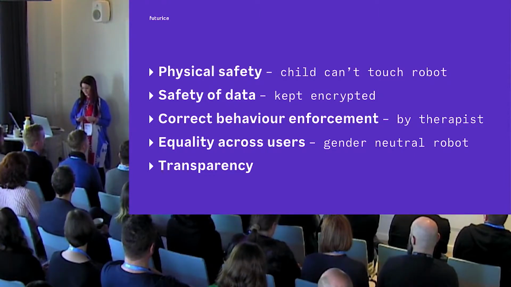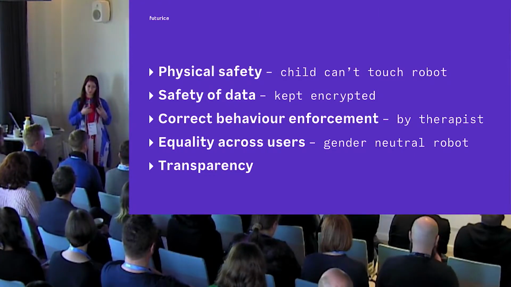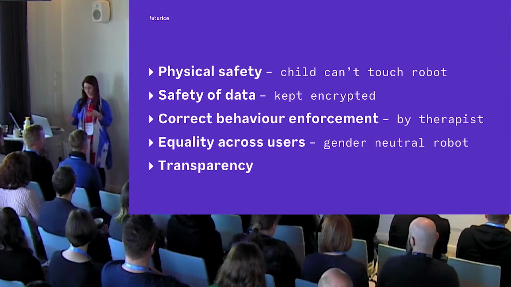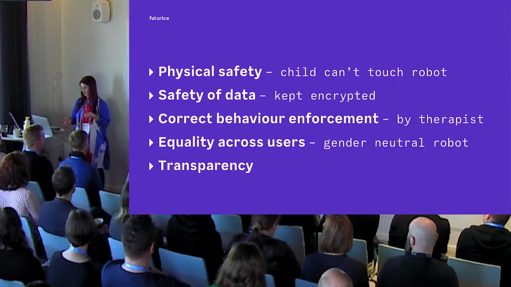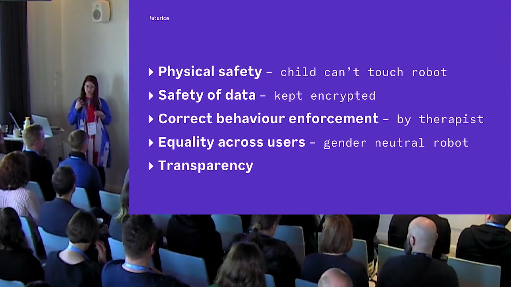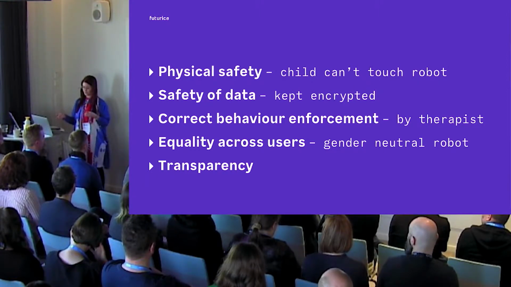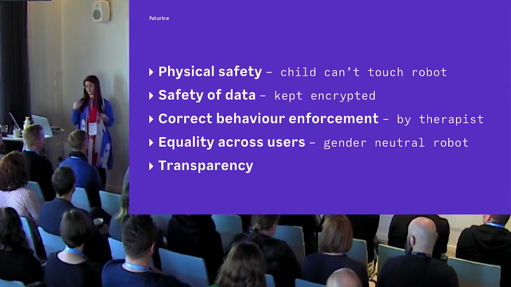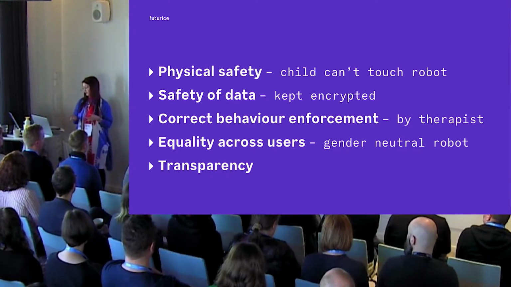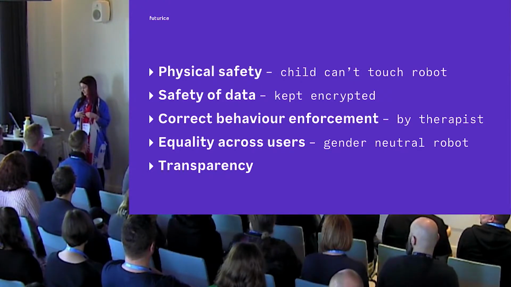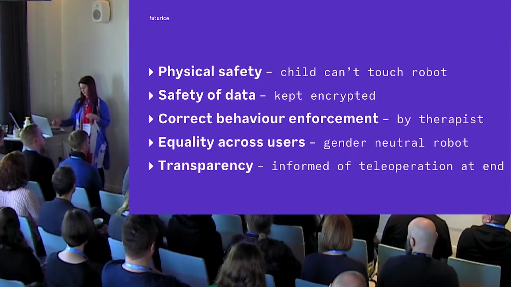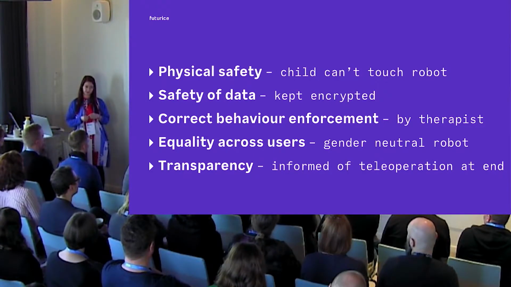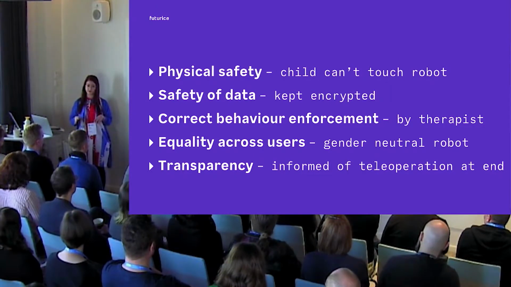Transparency. This means that people should understand why the robot is doing what it's doing. The person should somehow be able to check if the robot is behaving correctly so they know how to calibrate their level of trust to the robot. In our case, we told the parents and the children that the robot was teleoperated at the end.